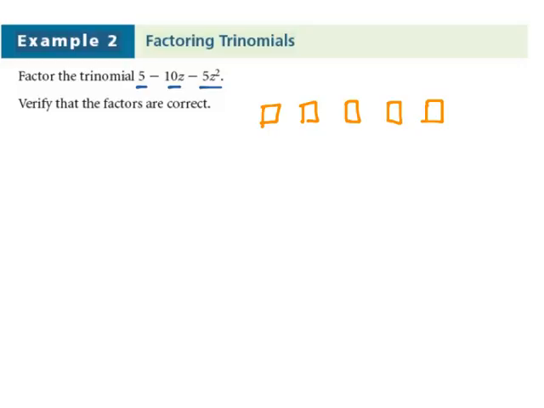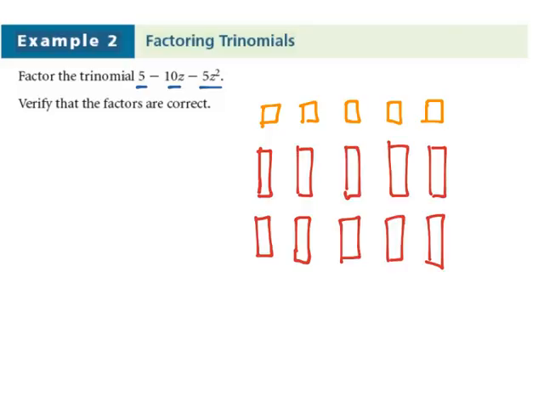We have negative 10, that means we have 1 rectangle, 2 rectangles, 3, 4. Let me just continue on. So we have negative 10 rectangles, and we have negative 5 large squares.